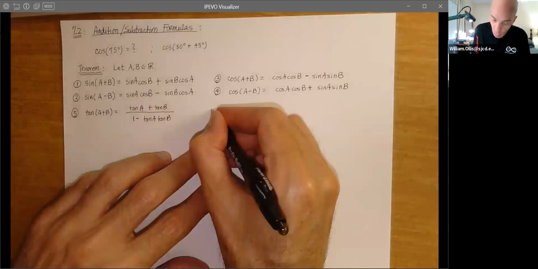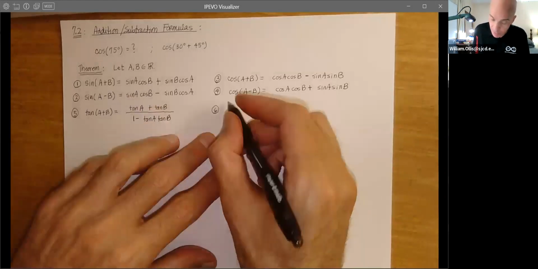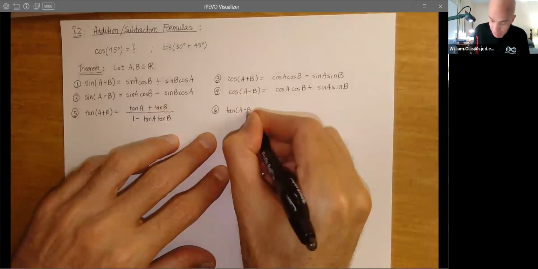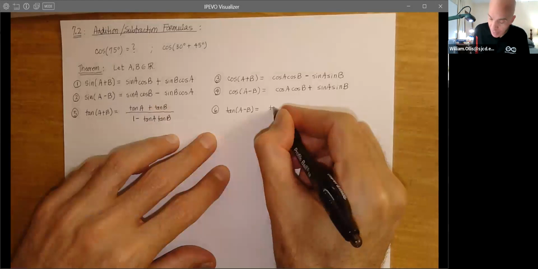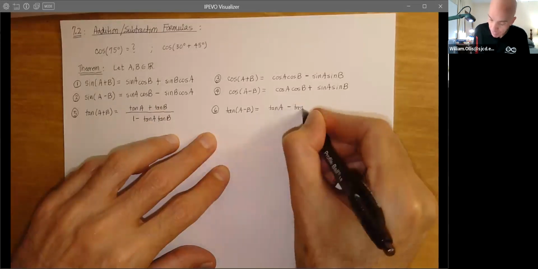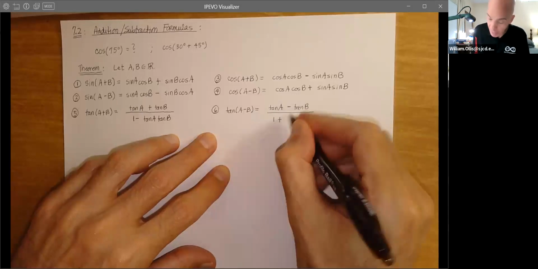And then 6, of course, we'll just flip the signs here. Tangent of the difference. This will be tangent A minus tangent B divided by 1 plus the product of tangent A and tangent B.